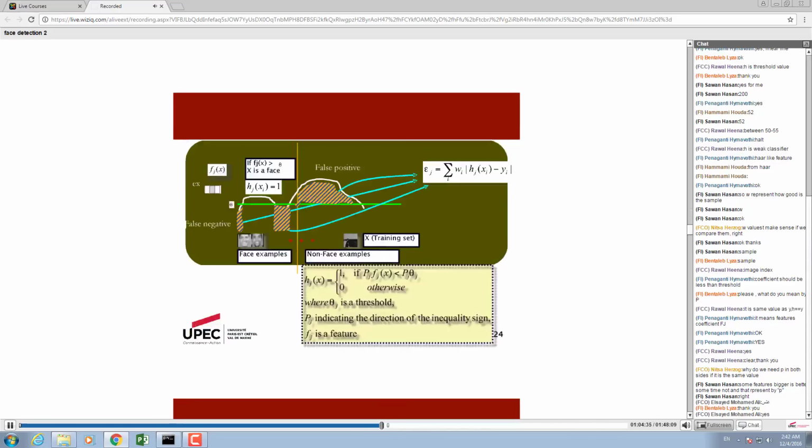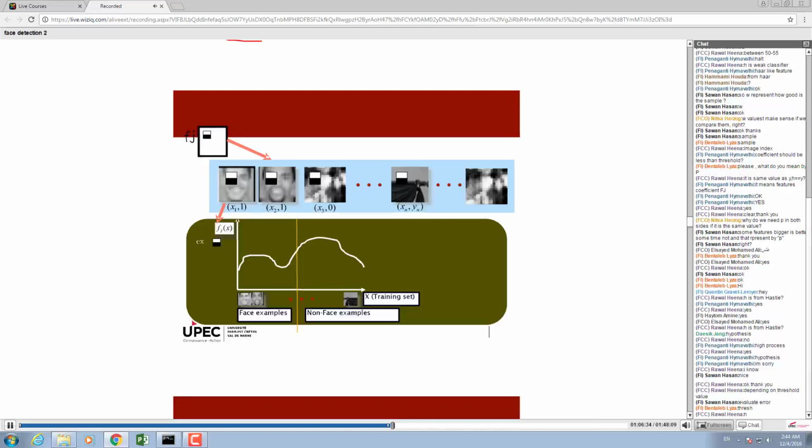Actually, it is something we have already discussed. It is about the symbol. Yes, the result is determined by the threshold, right? It depends on the threshold. So after the thresholding, it gives us a result. It can be 1, sometimes 0, right?